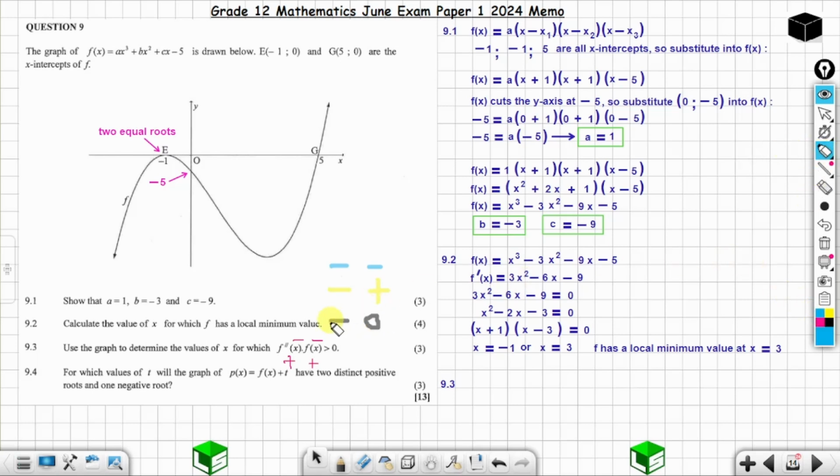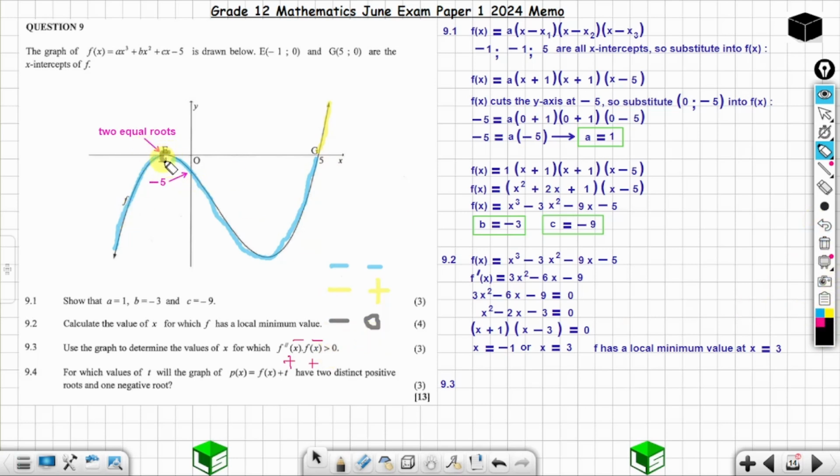Let's start with f. F is negative wherever f is below the x-axis, and f is positive whenever f is above the x-axis.